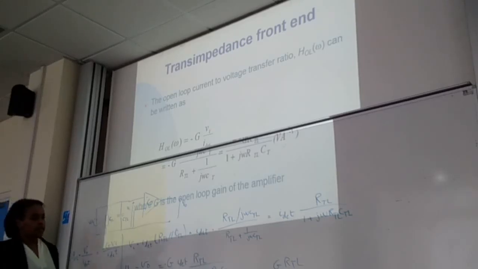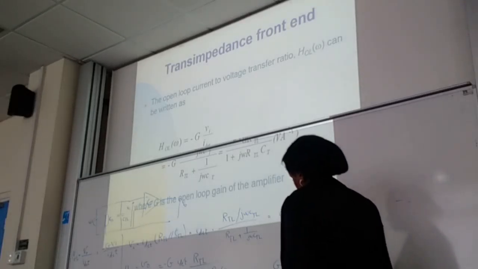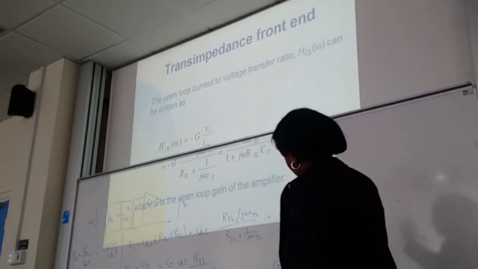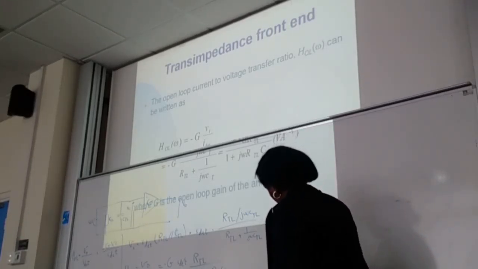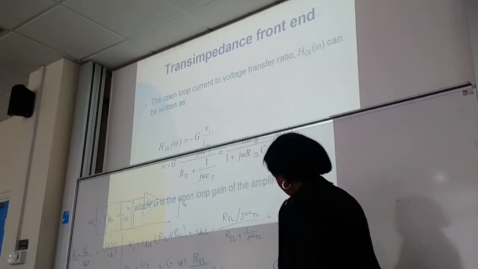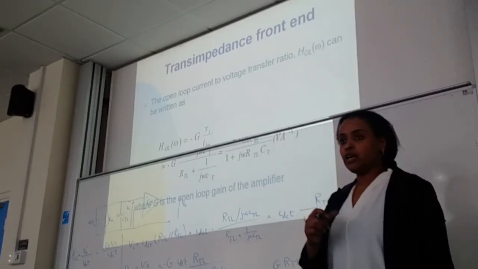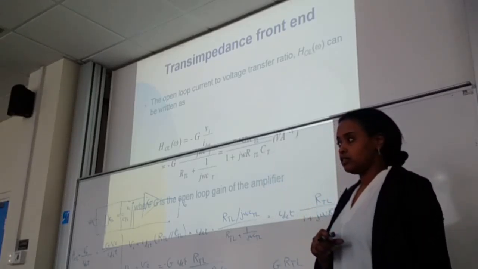So the bandwidth is determined by the imaginary part here, RTL and CTL, which is the same as we had for the other structures.